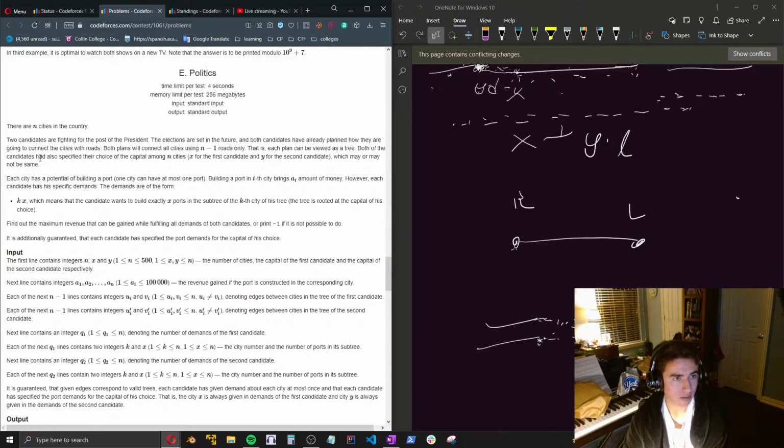In cities, 2 candidates are fighting for the post of the president. Typical politics. Alright, a tree. And then two important nodes.